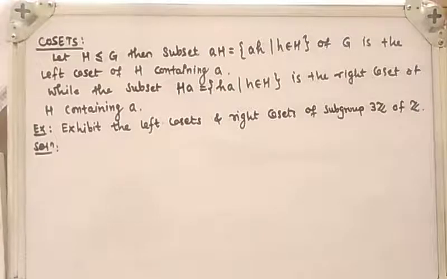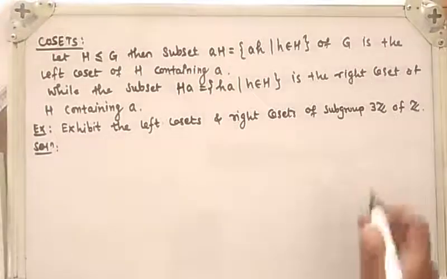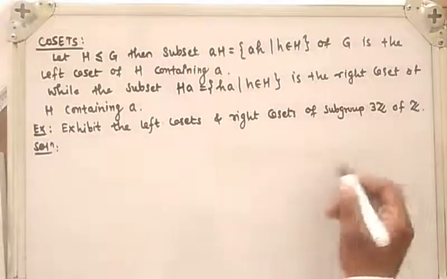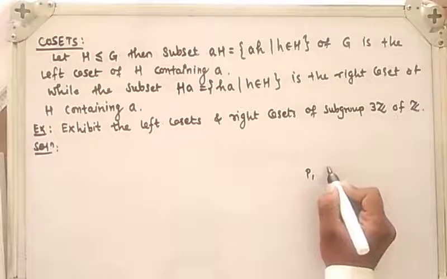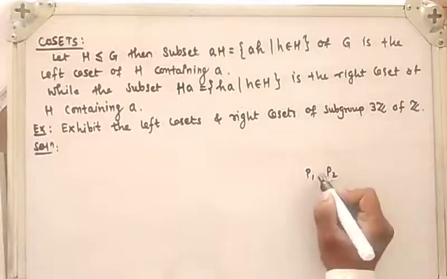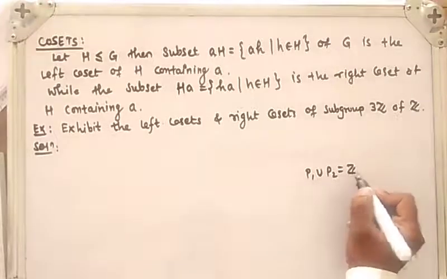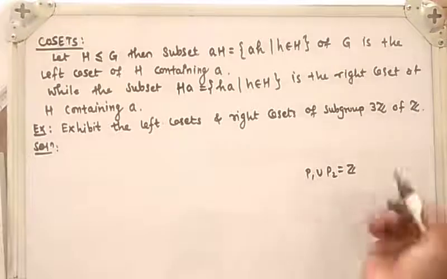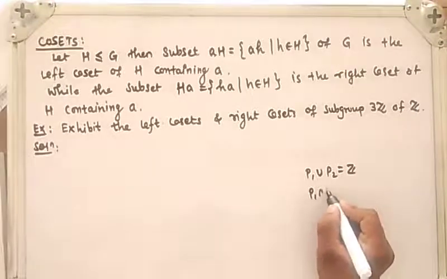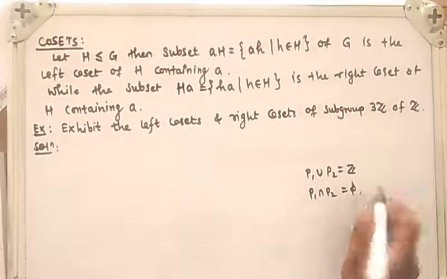So here we know that cosets form a partition. So what is meant by partition? If it forms a partition, suppose P1, P2 of Z, then P1 union P2 will be the whole set Z, and their intersection P1 intersection P2 will be phi.